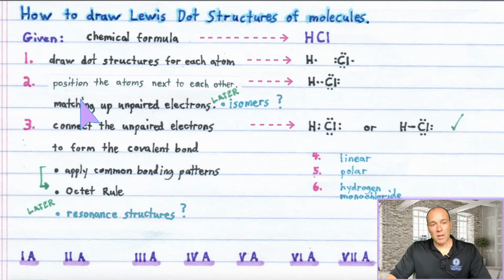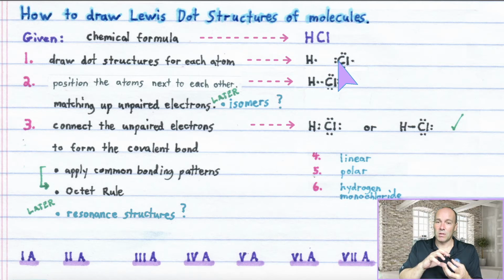Now later on in the chapter, we'll see that with more complicated formulas, when you have maybe 4 or 5 atoms, there could be multiple ways of positioning the atoms next to each other. Okay? And we'll discuss such situations. So sometimes there's more than one way to do this, and so we say that there are several isomers of the formula.